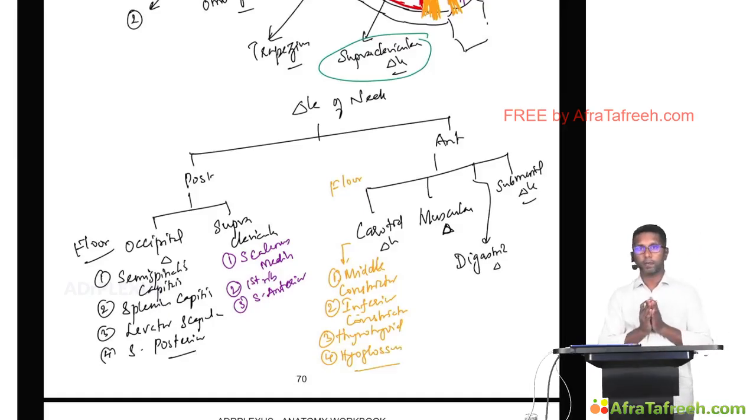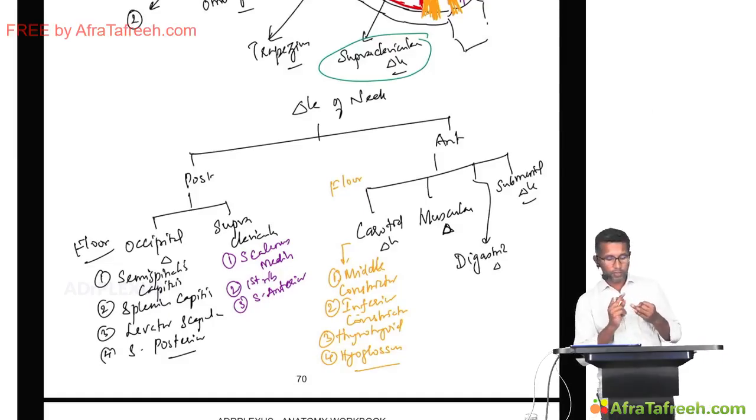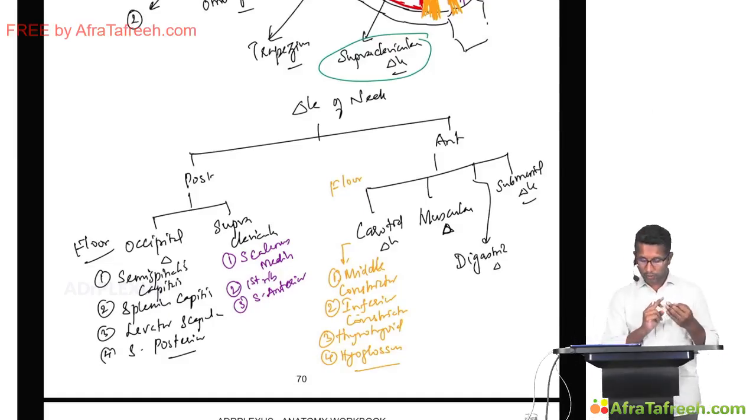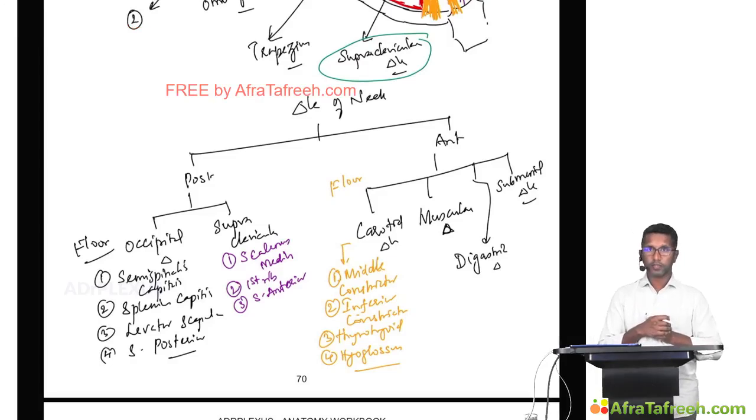So in the carotid triangle, the floor is formed by the middle constrictor, the inferior constrictor, the thyroid and the hyoglossus. These are the four muscles which form the floor of the carotid triangle.